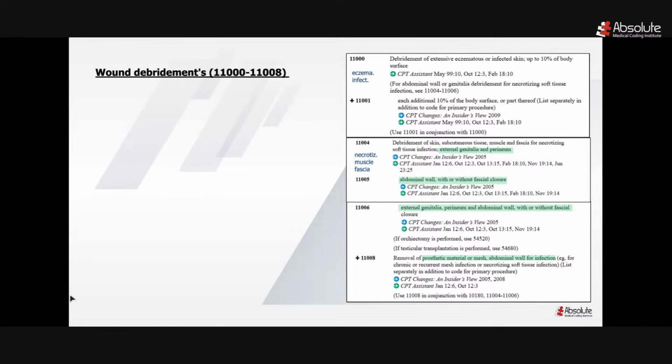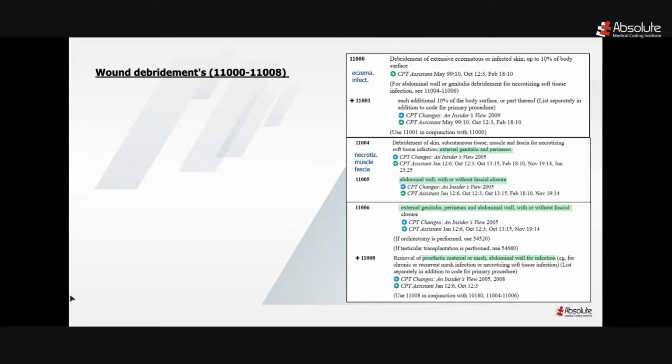Code 11000 is used for the debridement of extensive eczematous or infected skin covering up to 10% of your body surface. If the affected area is larger than 10 percent, then we will use code 11001, which is for each additional 10%. So basically adding on as needed.